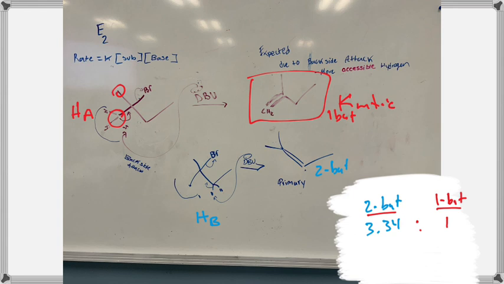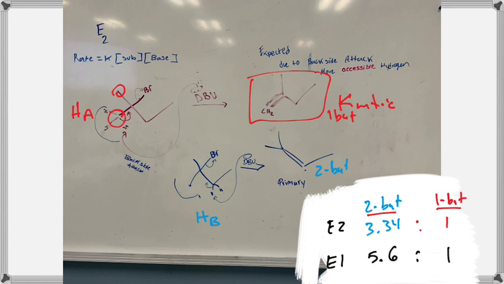When we ran the E2, we've got the ratio that we're seeing, but when we run under E1 conditions, we're seeing, I already forgot, was it 6? It was 5.6 to 1. We're seeing a significantly larger favoring when we look at the E1 mechanism.